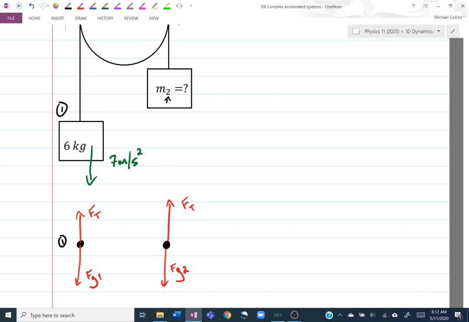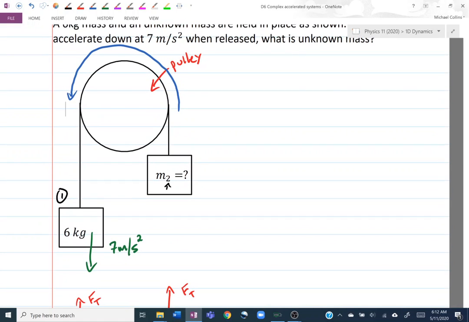If I look at my diagram, though, it looks like they're both going in the same direction. They're both going up. This should give us a little bit of a hint as to how we're going to take a look at our sign convention for this problem. If I look at the pulley, it's sort of like the last examples we did where we tilted our heads and our X and Y axis were on a tilt.